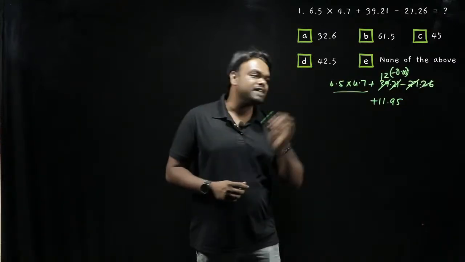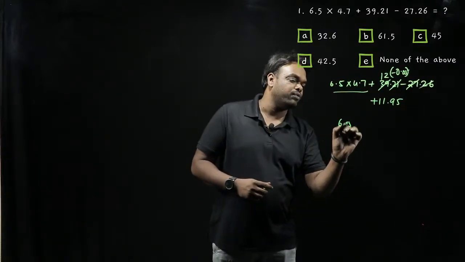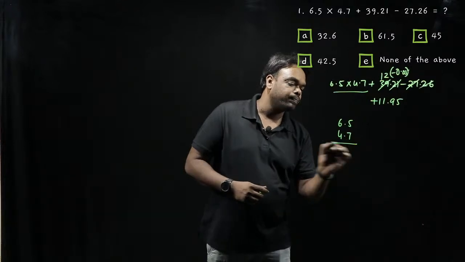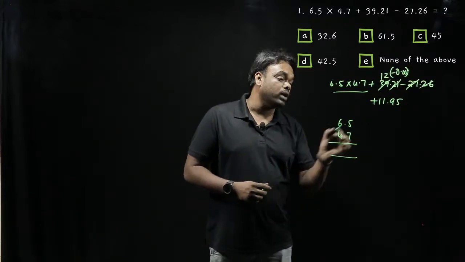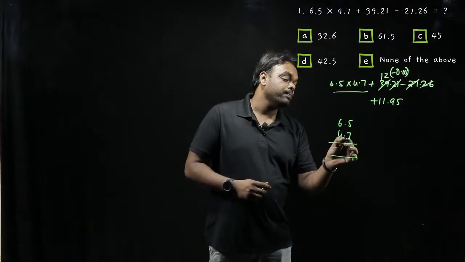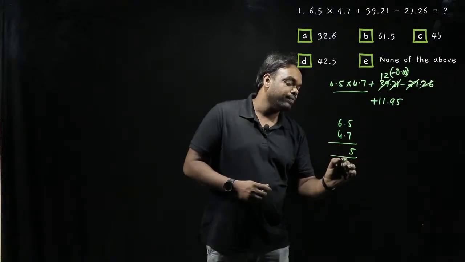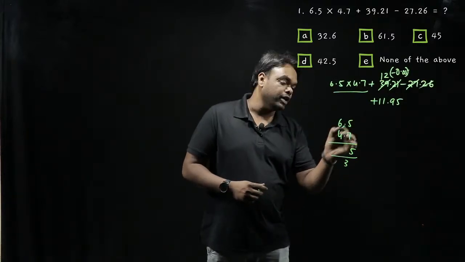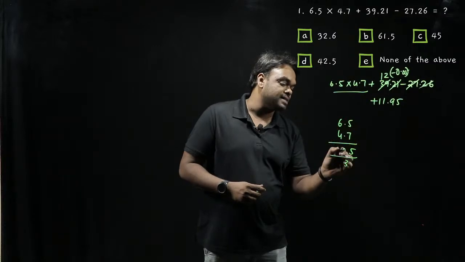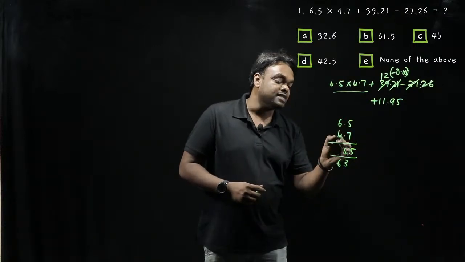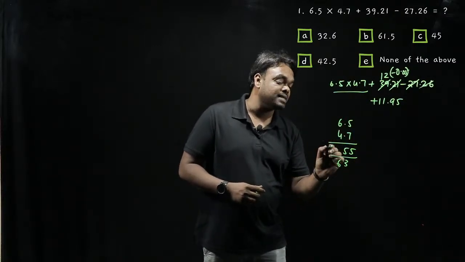Let us multiply them. We'll get 6.5 into 4.7. If you multiply them, what do we get? 7 into 5 is 35, 3 carries. 42 and 20 is 62, plus 3 is 65. 6 carry 6, 4 sixes are 24, 24 plus 6 is 30.